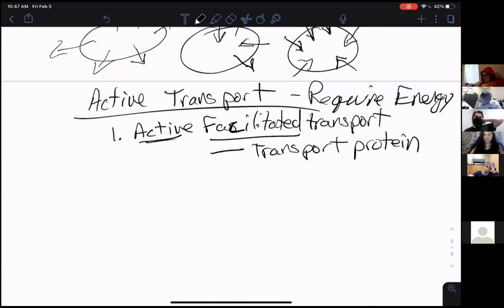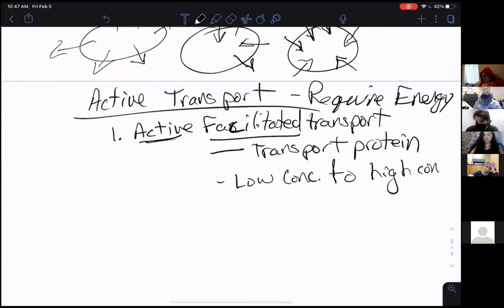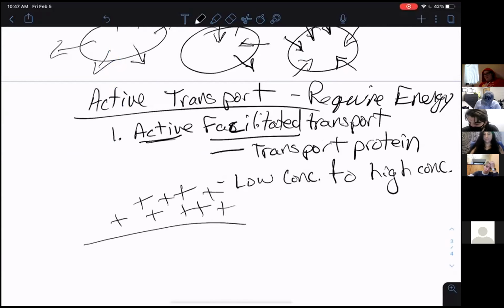So what does this mean? It means that it's going from an area of low concentration to high concentration. If we've got a cell membrane and lots of solutes in there, they're going to tend to want to go in this direction as far as passive transport.